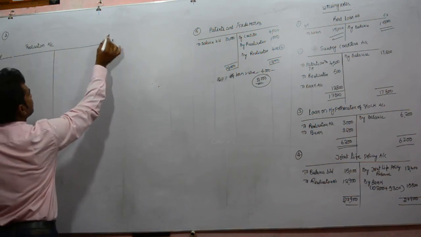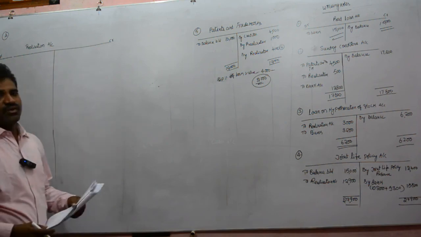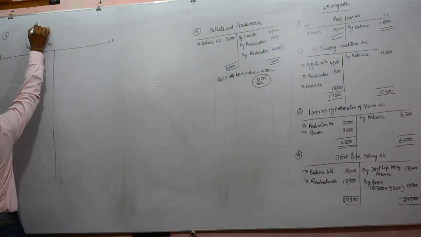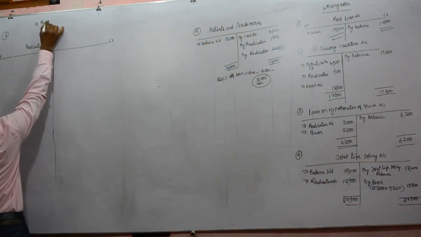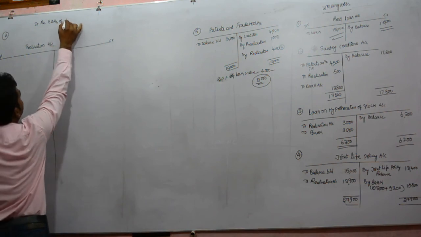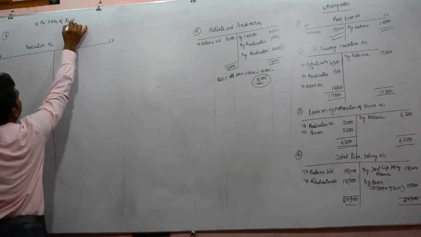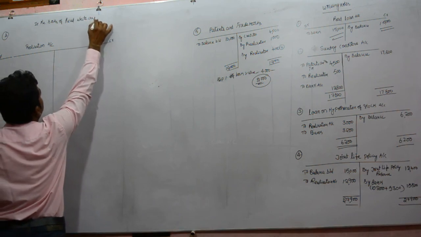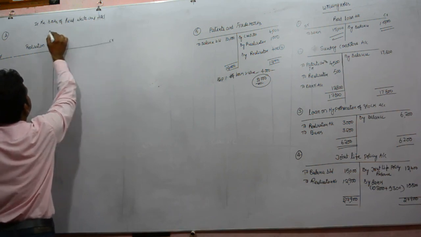Debit, credit in the books of Reed, White and Add.